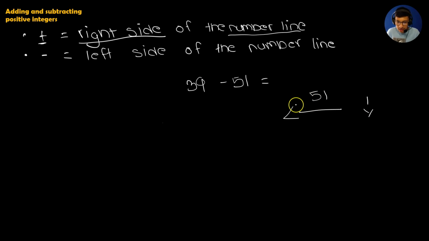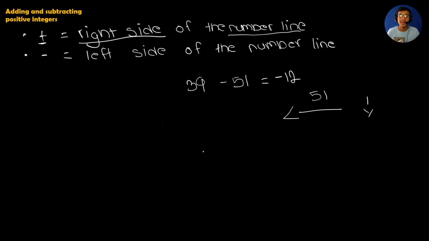So if we think about it, we are moving 12 past zero, so our answer here would be negative 20.